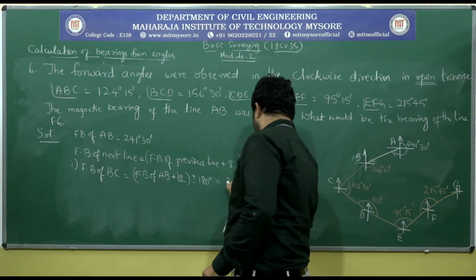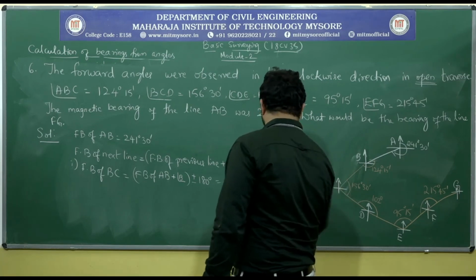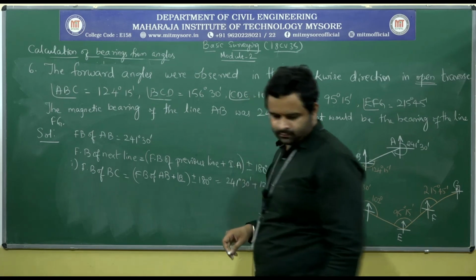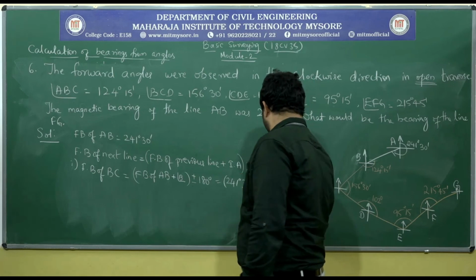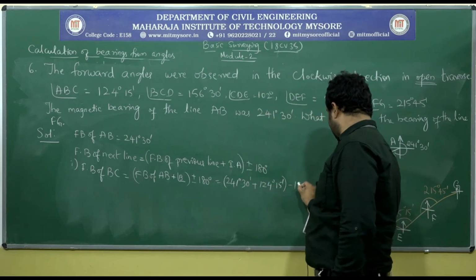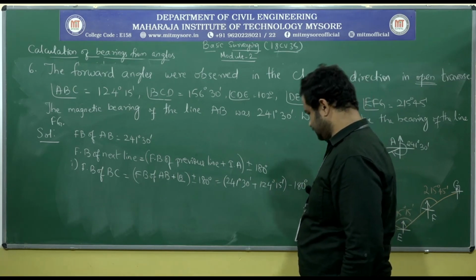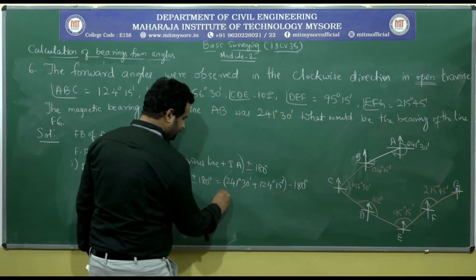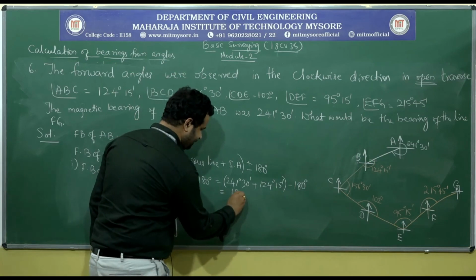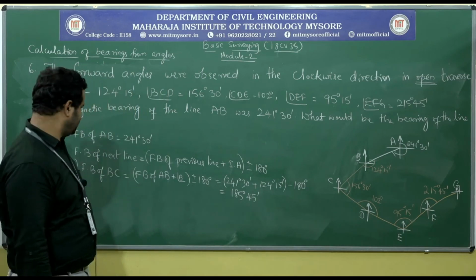Forebearing of AB is given as 241 degree 30 minutes plus its angle is given as 124 degree 15 minutes. So, if you add this, you will get the sum more than 180. So, use minus sign here, that is equal to how much? 185 degree 45 minutes. Clear?